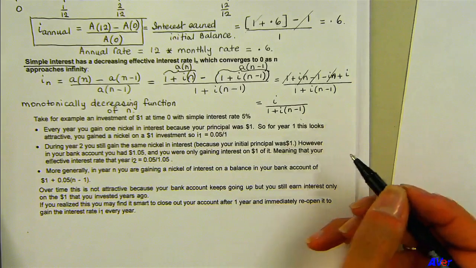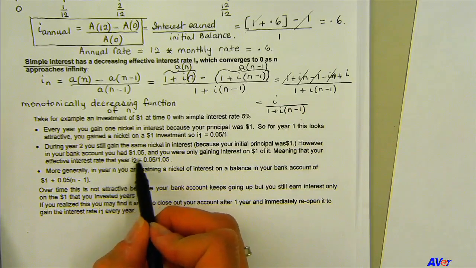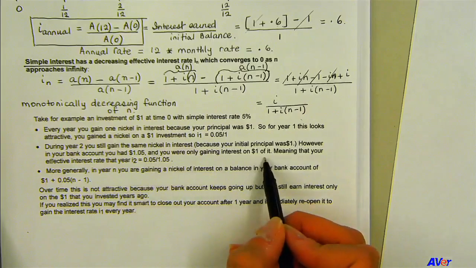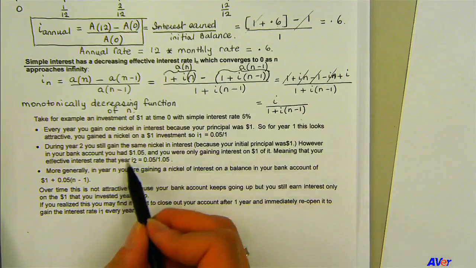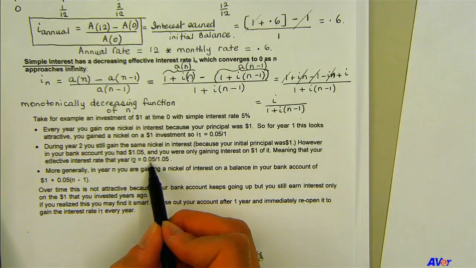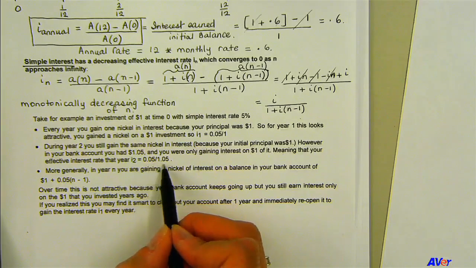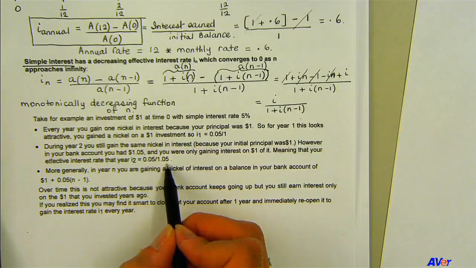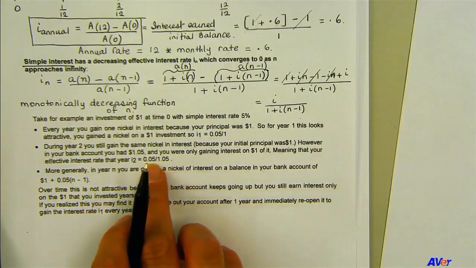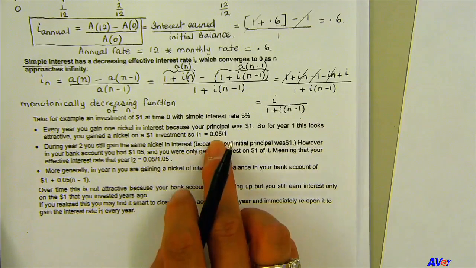However, in your bank account, you had $1.05 and you were only gaining interest on $1 of it. So I for year 2 is 5 cents divided by 1.05, because 1.05 is the initial balance for that year. So this value is smaller than 0.05.